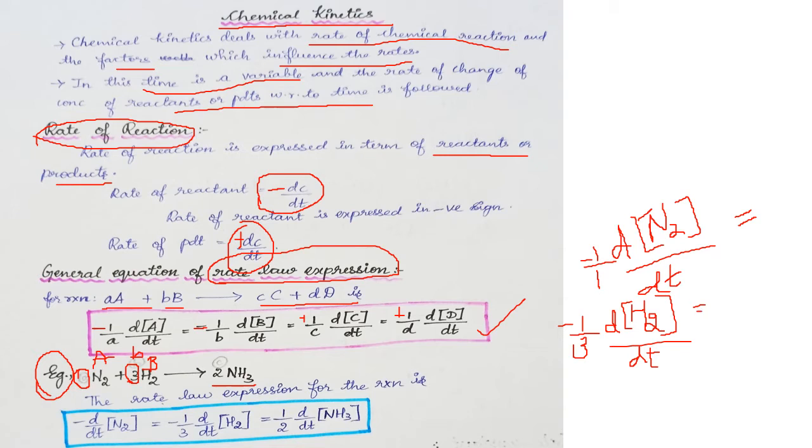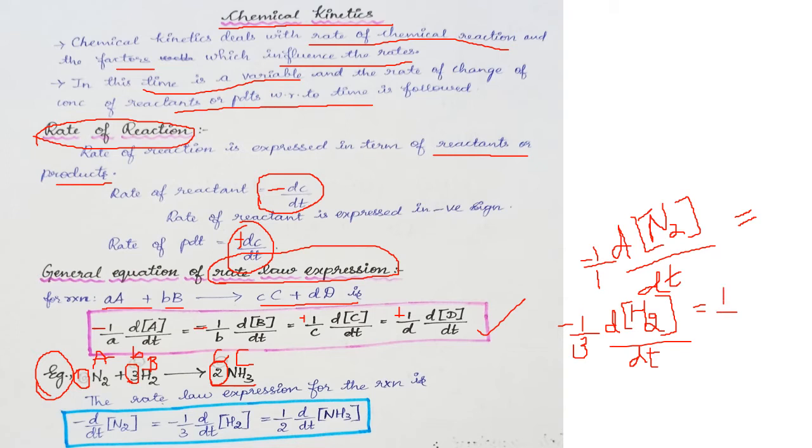Which is equal to the products. What is the product? We have 2 NH3 as the product. We consider it as small c and NH3 is capital C. Is equal to, for product we indicate it by a positive sign.